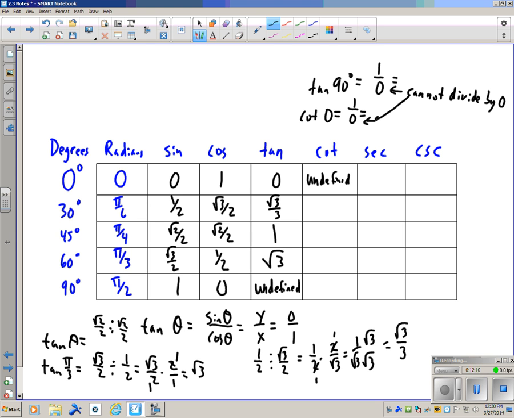For 30 degrees, cotangent is equal to my cosine divided by my sine, which is really square root of 3 over 2 times the reciprocal. So again, we get the square root of 3.